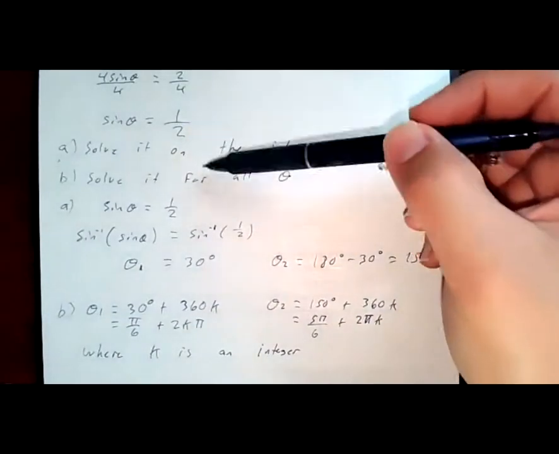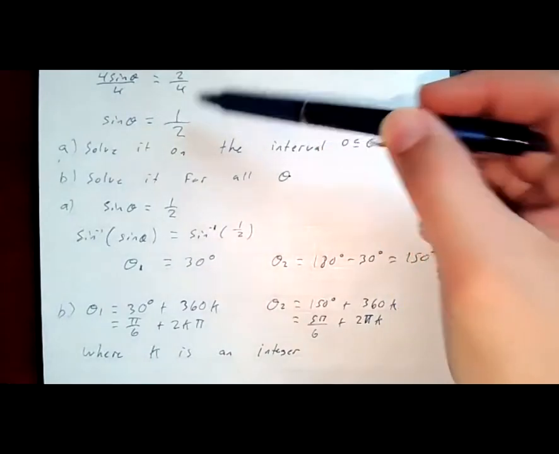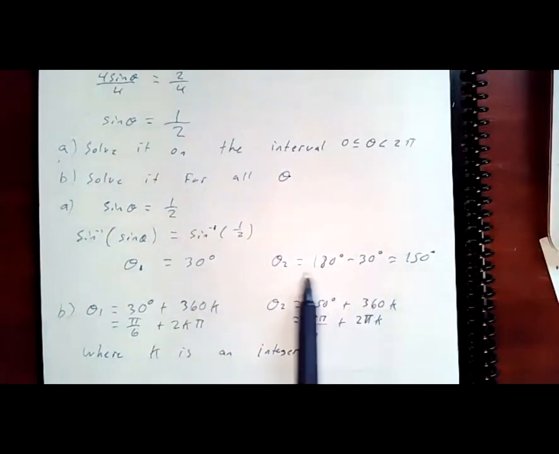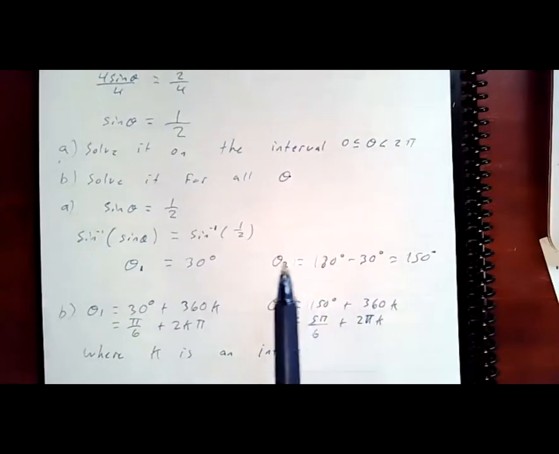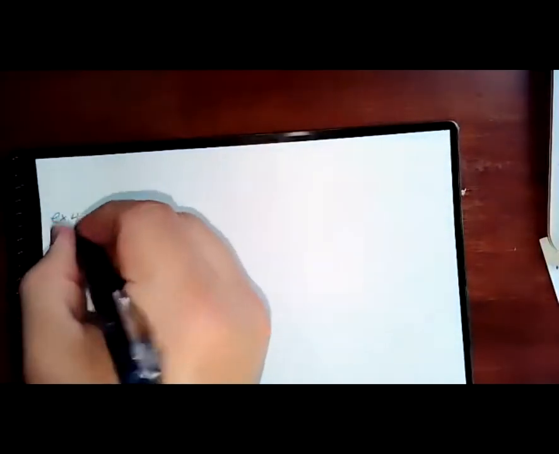We did degrees just so it's a little easier, but when we got to sine equal to 1/2, we found that there were 2 locations for that, using the 180 minus 30. So on the next question, we're going to have a similar situation. It's just that we're going to have a 2 inside the angle.